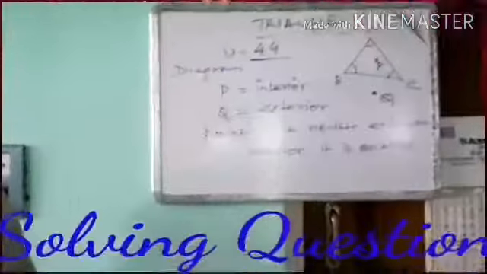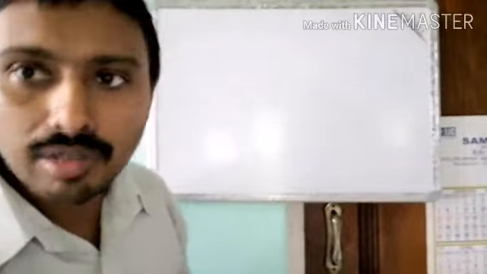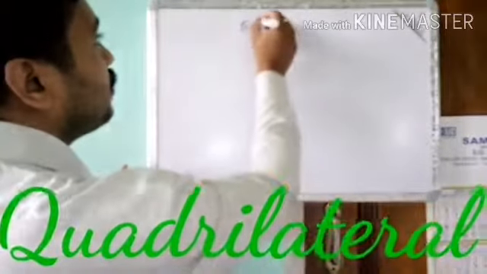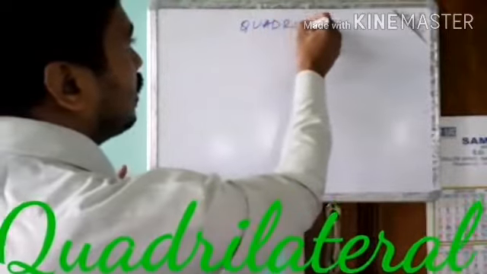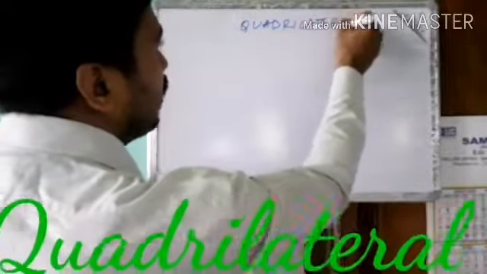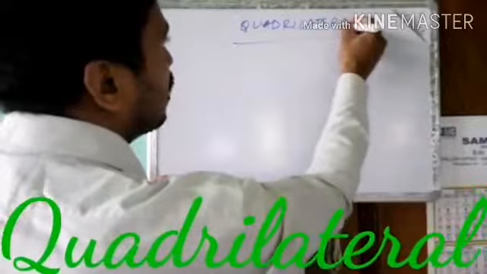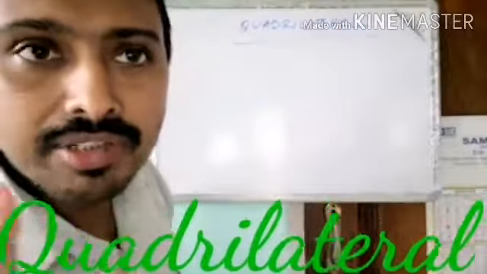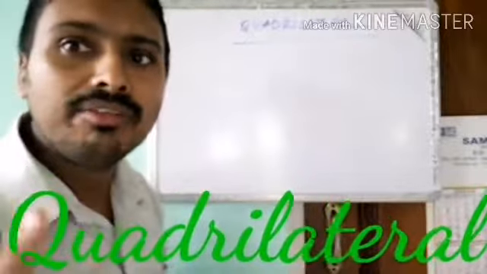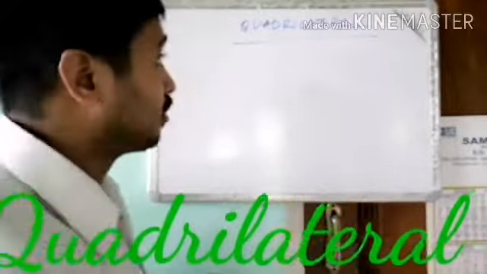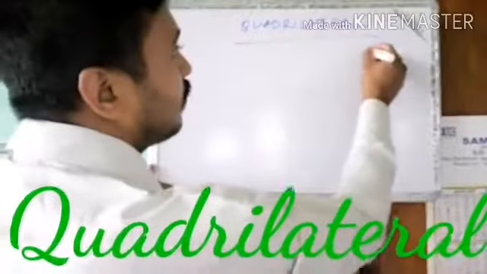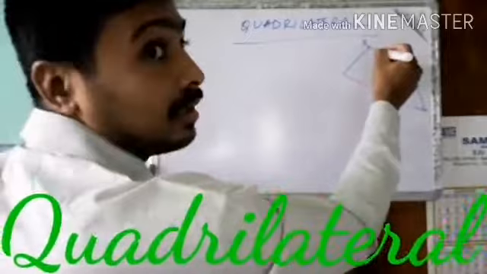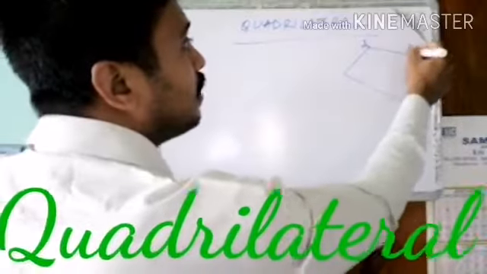Children, I'm back with quadrilateral. Okay, let me explain quadrilateral now. What is a quadrilateral? A 4-sided figure. It's a polygon with 4 sides. A polygon with 3 sides is called a triangle. A polygon with 4 sides is a quadrilateral. If I draw like this, a quadrilateral, let me name it ABCD.